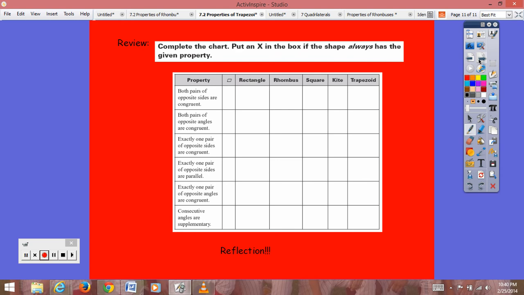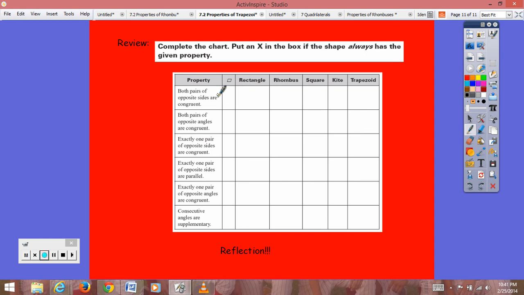Okay, now that we have seen the properties of all these quadrilaterals, we're going to fill in this chart, and you can refer back to this later on when you are comparing quadrilaterals. So we have our parallelogram, that's what this one is: rectangle, rhombus, square, kite, and trapezoid. We're going to put an X in the box of the shape that always has the given property.